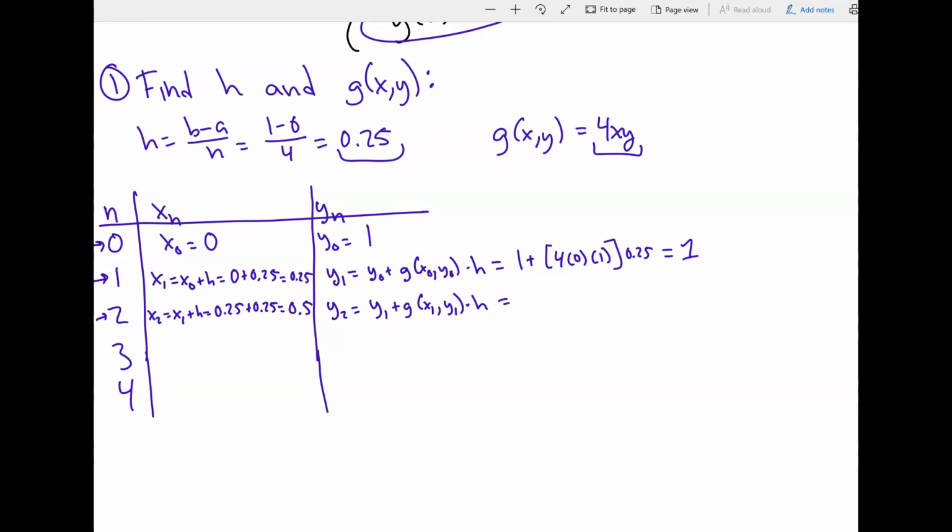My y1 was the previous y, which is 1, plus my g of x1, y1, which is basically plugging x1 and y1 into g. That's going to be 4 times 0.25 times 1, and then times my h, which is 0.25. So in this case, what I'm going to get is 1.25.